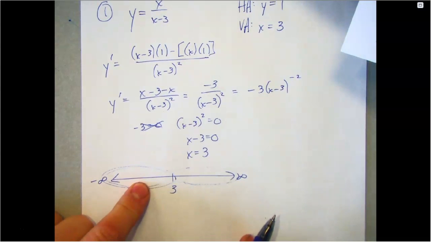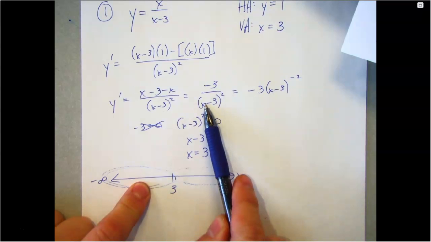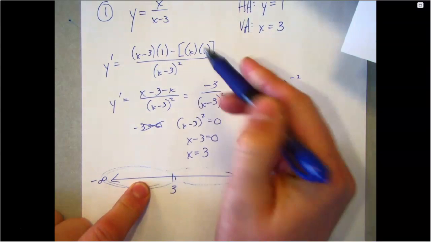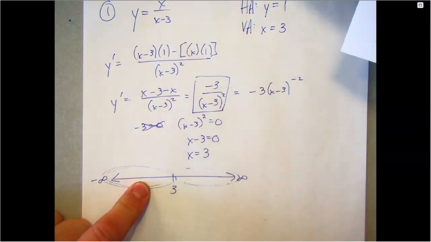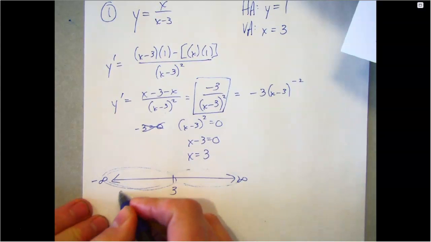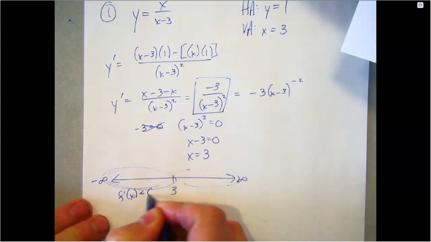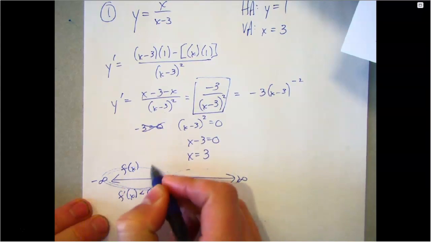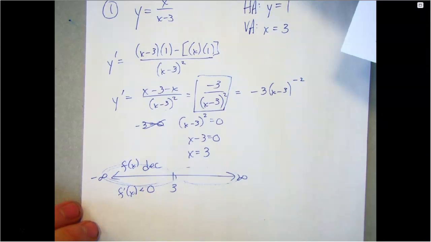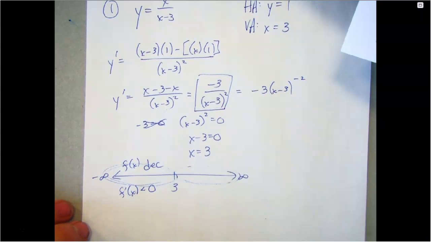So if I plug in 0, 0 minus 3 is a negative number, but then I square it, which makes it positive. And then a negative divided by a positive is a negative. So f prime of x is less than 0, which means f of x is decreasing in that first section.